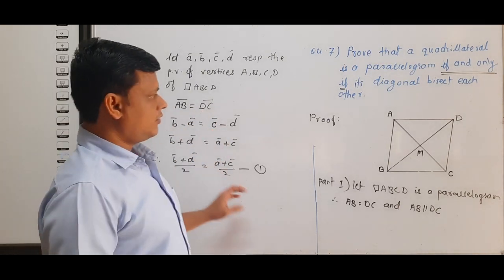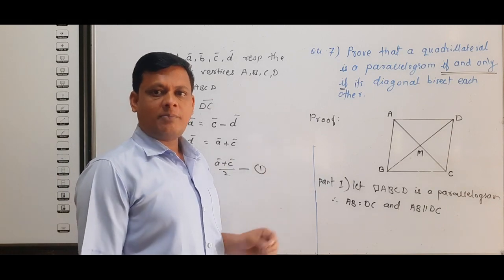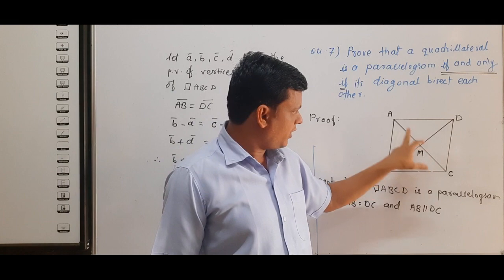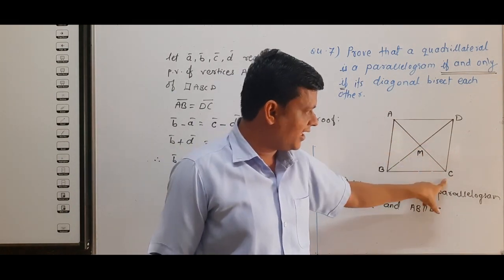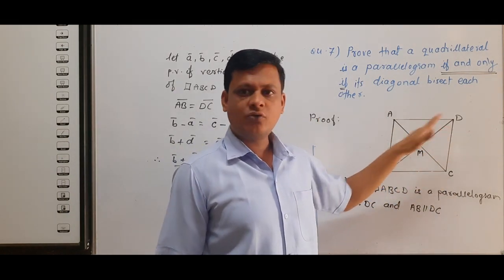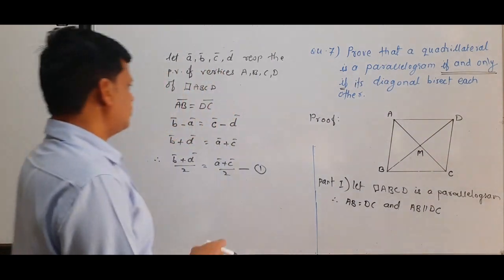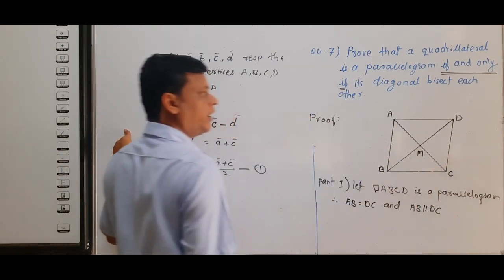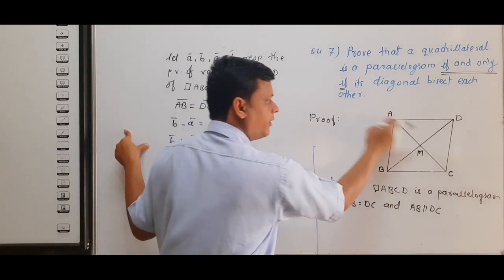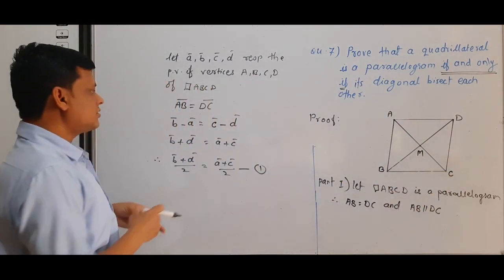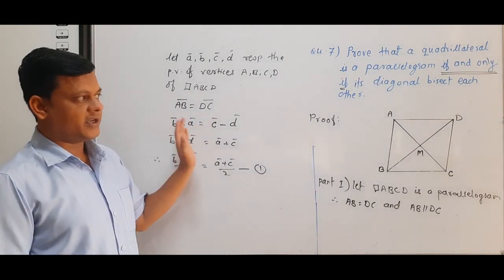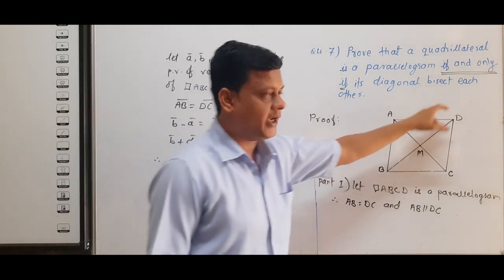Now we have to show the diagonals bisect each other. So we prove here that diagonal AC and diagonal BD have the same midpoint. We first see diagonal AC. The midpoint must be in vector form of A and C. So we reduce this equality in the form of vector AC and vector BD separately.